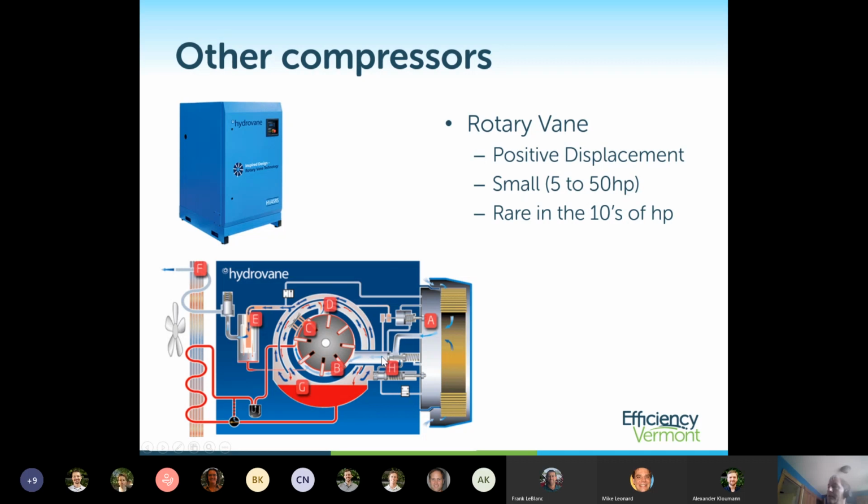As it rotates, it sucks in some air, and that air travels around here, then gets into a smaller volume, and out. So it's positive displacement. It's compressing by just making the area or volume smaller.